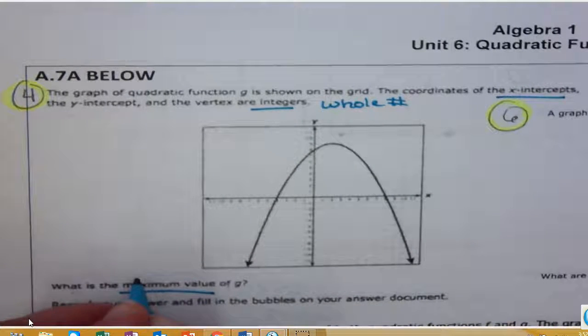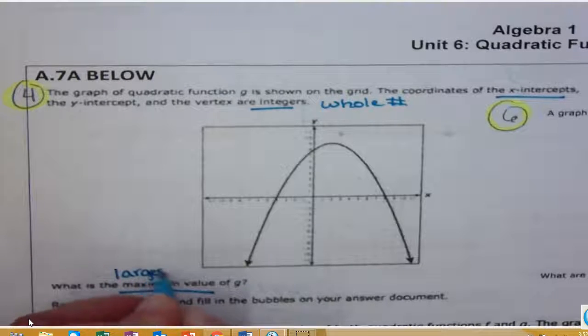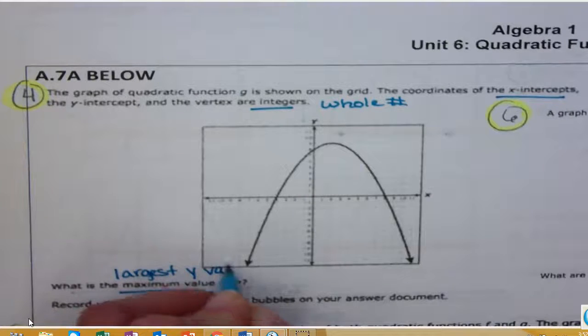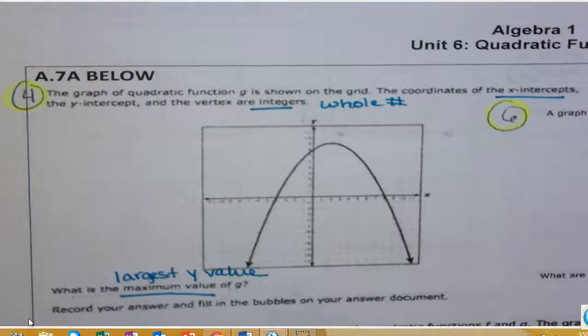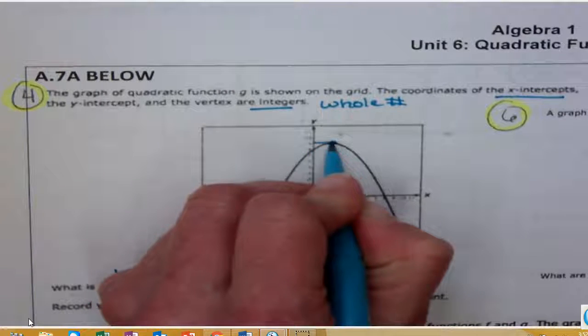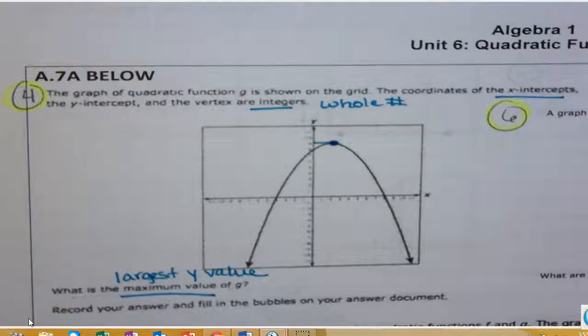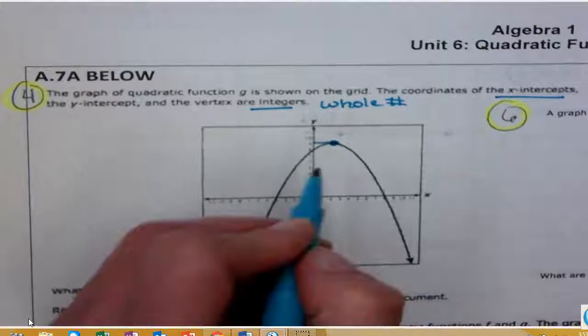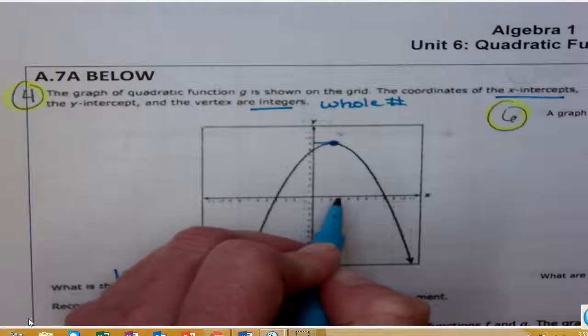The maximum is going to be the largest y value. What is my largest y value? Right here, it is 9. That would also be my vertex.